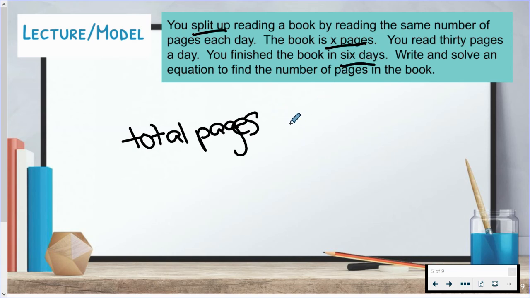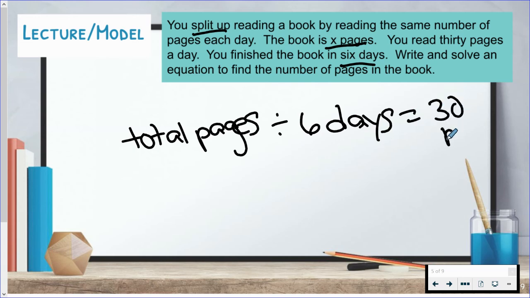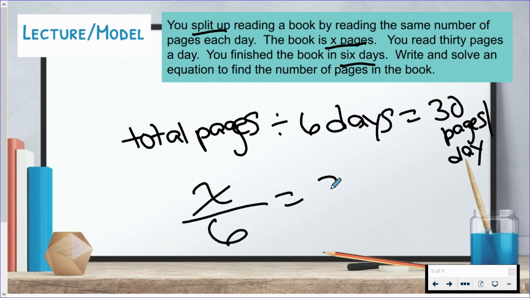So there's actually 2 ways we can think about this. We can either divide by 30 to get to 6, or we can divide by 6 to get to 30. I'm going to do the total pages divided by 6 days equals 30 pages a day. That is how I'm thinking about this. We're splitting up the total pages over 6 days, and that's going to equal 30 pages a day.